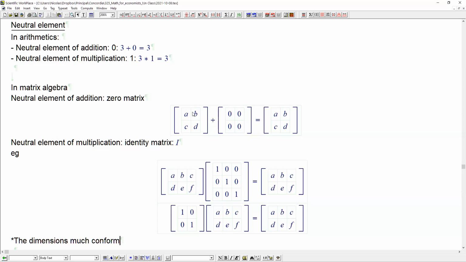If you're adding to my 2 by 2 matrix the 0 matrix, then it has to be a 2 by 2. The same with the identity. Of course, it's a square matrix. So I'm just going to say square, diagonal, ones.